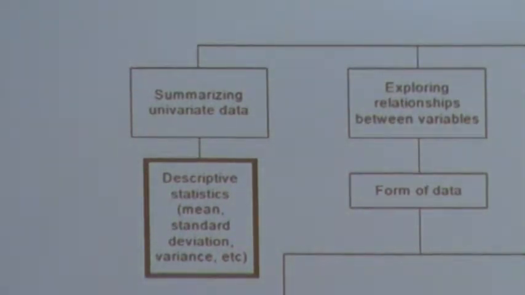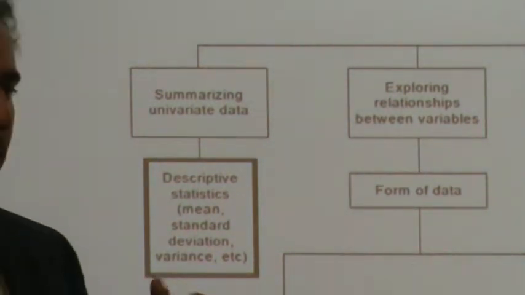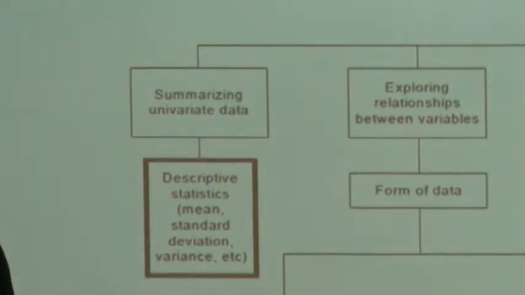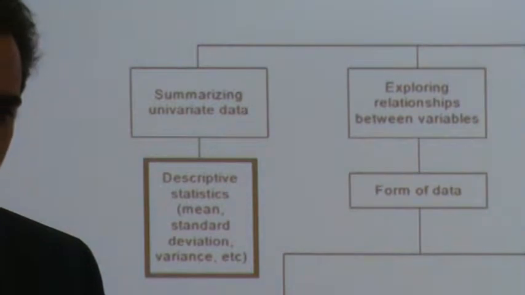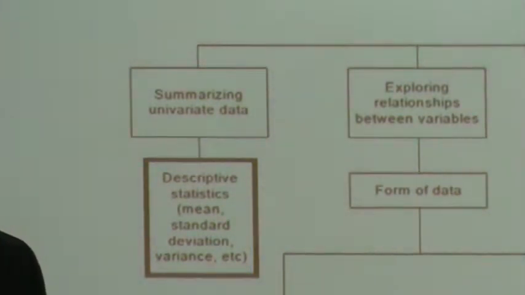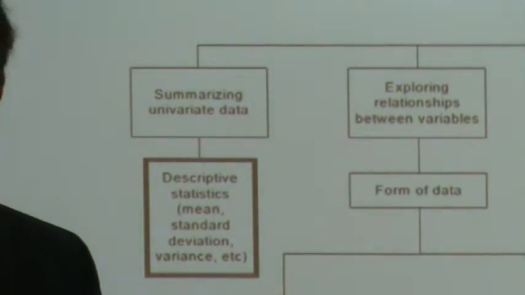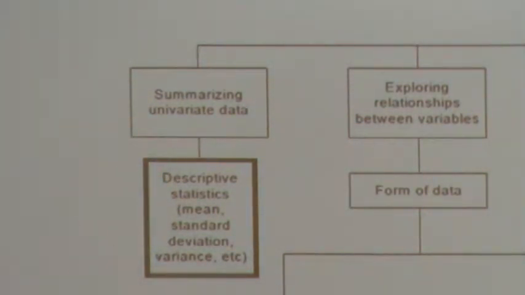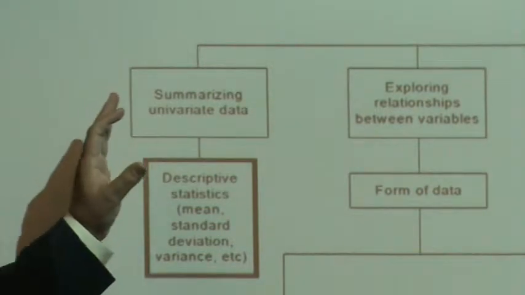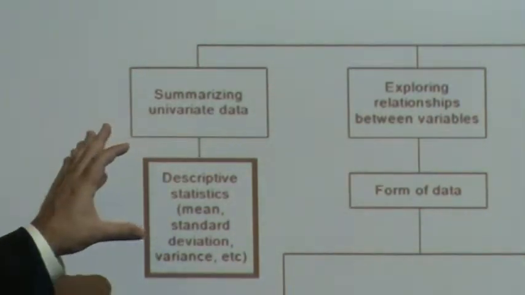For example, I might want to know what is the mean and standard deviation of our students' test scores on the comp exam. And so when you're just summarizing data, these are the types of statistical analyses that you run.